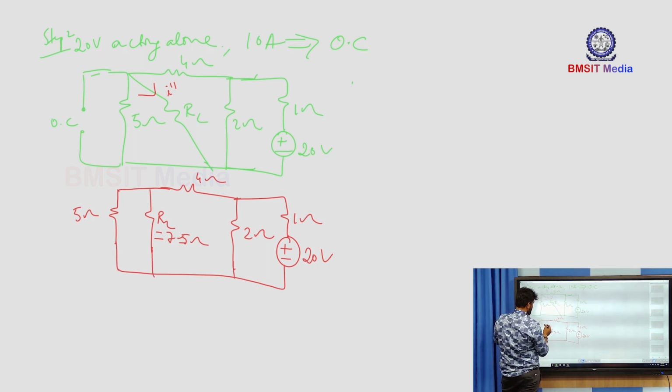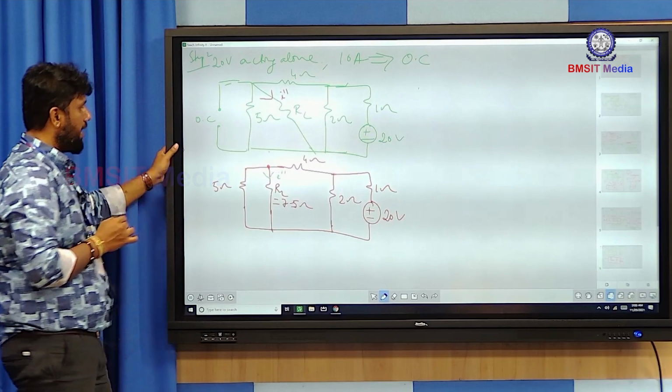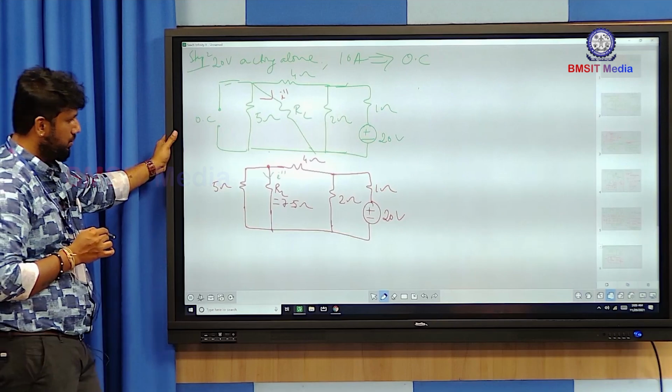Here we wish to find the voltage value. The current through the load resistance is I double dash. To find I double dash, again I will use the nodal method.